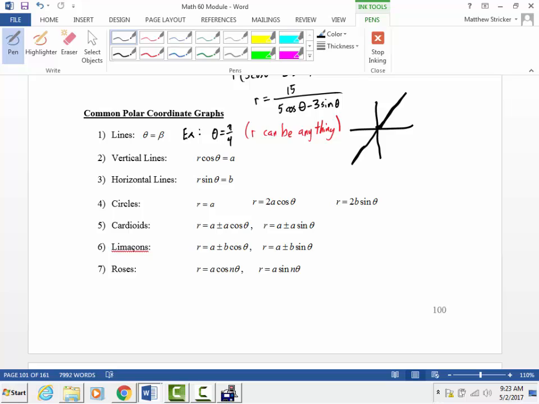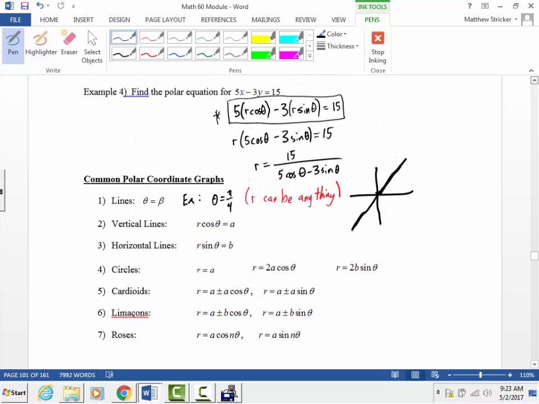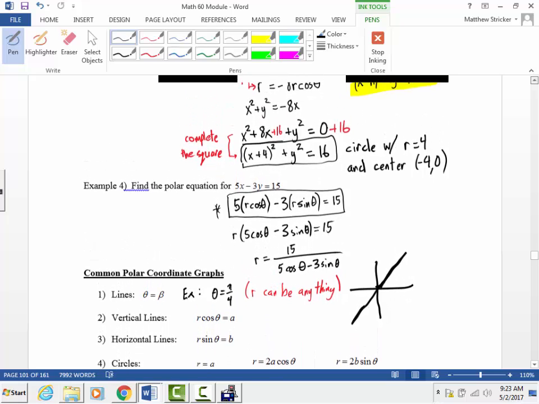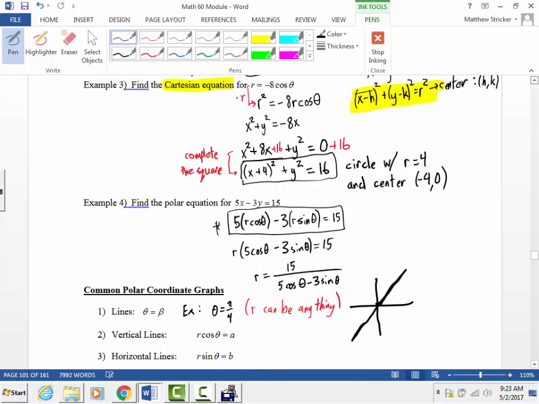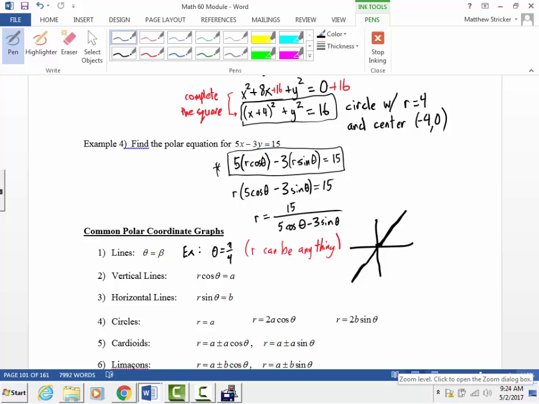Circles can be some of these forms. We already did one of these over here, right? Example 3. Example 3 was r equals negative 8 cosine theta. That was just like this, right? So this is a circle where the center is where?